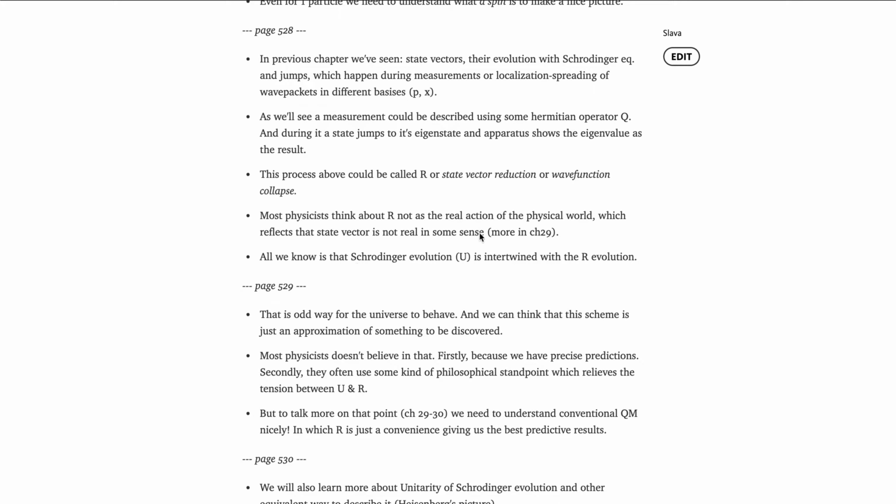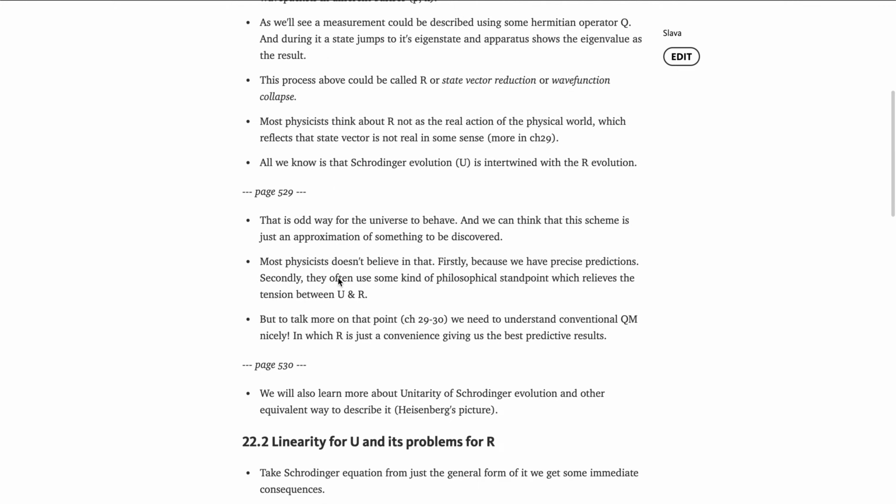All we know is that Schrodinger evolution, called here just U, is intertwined somehow with the R evolution, and it's depicted in figure 22.1: we have continuous U evolution and then a jump when we do some measurement. So we have a kind of chainsaw pattern over time.